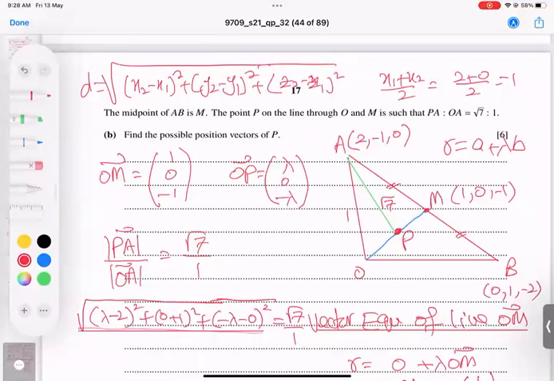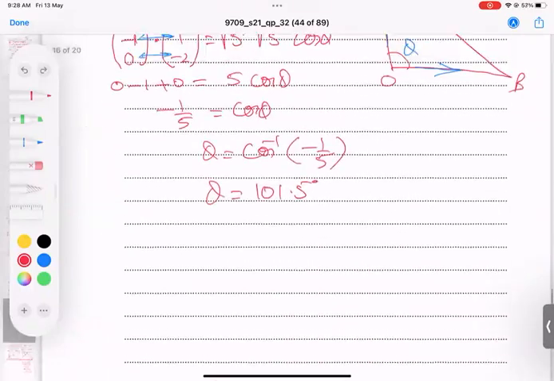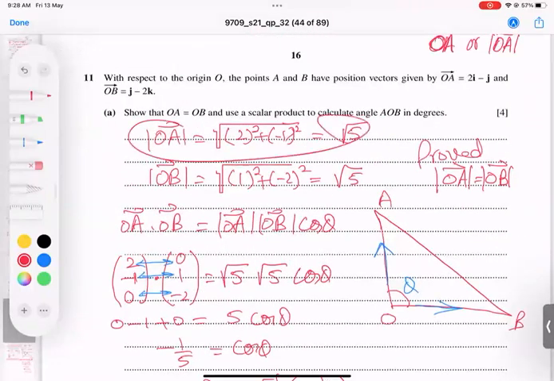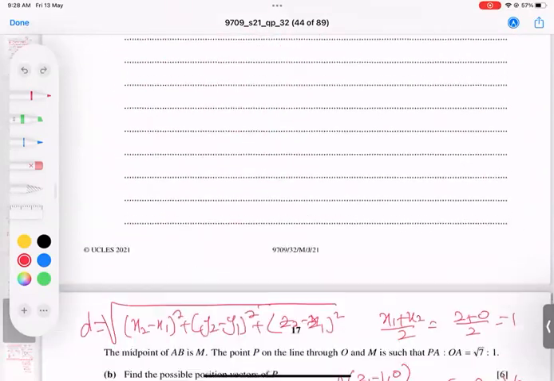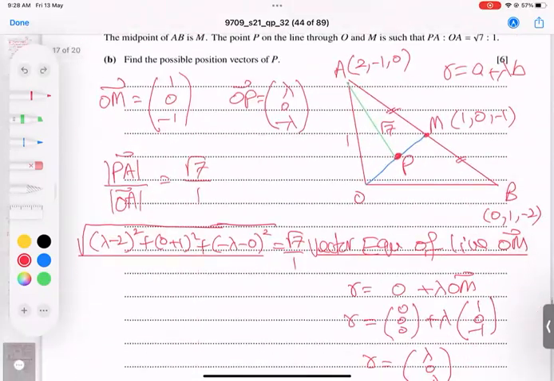And similarly for the down part, the OA magnitude, luckily we already have it: √5. Now I can proceed, cross multiply.